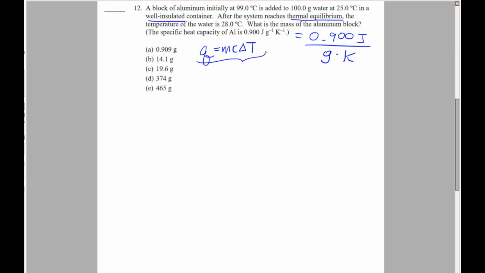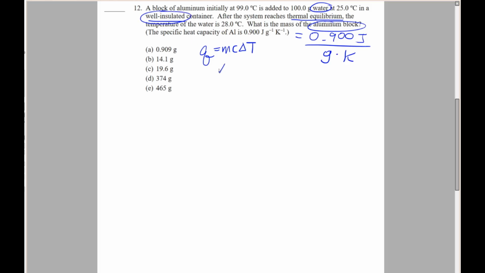However, this equation that you're given on the equation sheet only deals with one object or one type of substance and one mass, but if you understand this equation and what it means, we can manipulate it to make it work for two objects. In this case, there's water and there's also the aluminum block. And we're also given that it's in a well-insulated container.